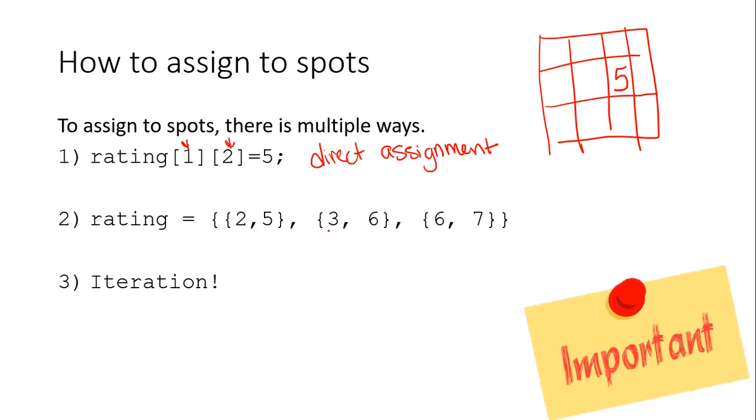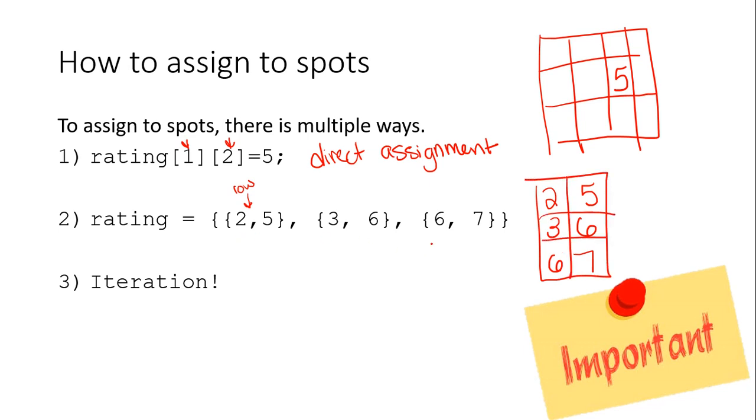Now, let's say you know everything and you can hard code information inside of it. Let's say we're doing a topological map or something along those lines where we know the values of the 2D array as we're starting it. You can direct assign in this fashion. Notice how this is for each row. Okay, so when I build this, it'll be 2, 5, 3, 6, 6, 7.